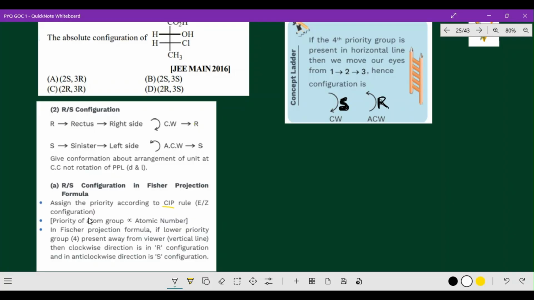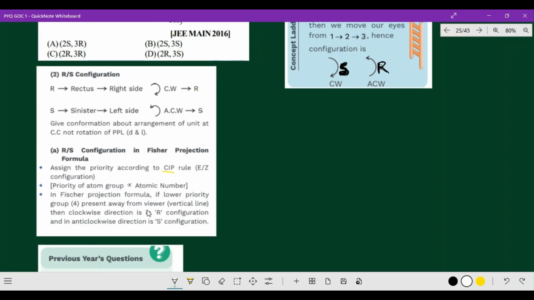They said the priority of an atom or group is directly proportional to atomic number. So the higher atomic number gets the first priority, and the lower atomic number gets the fourth priority.